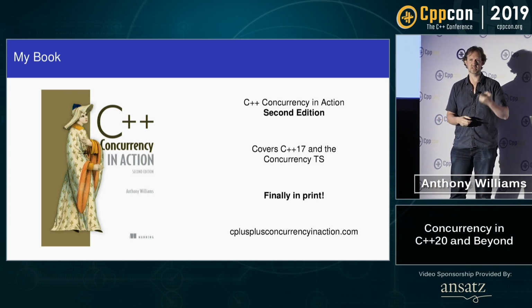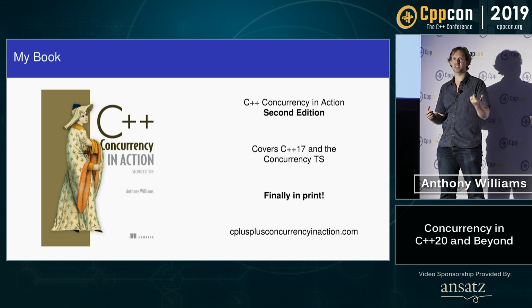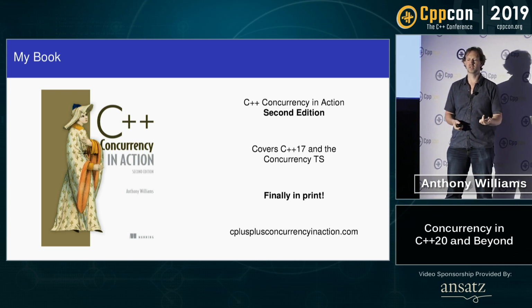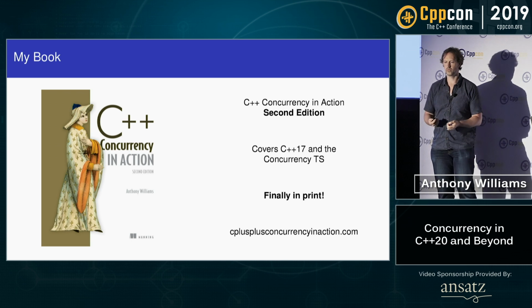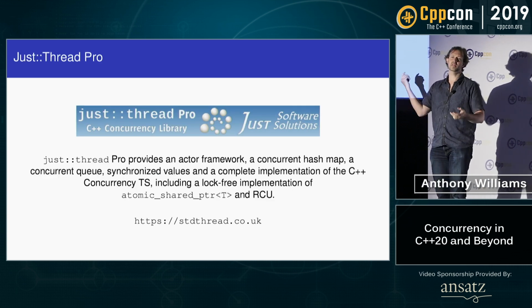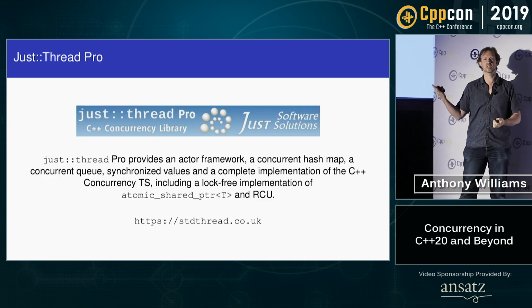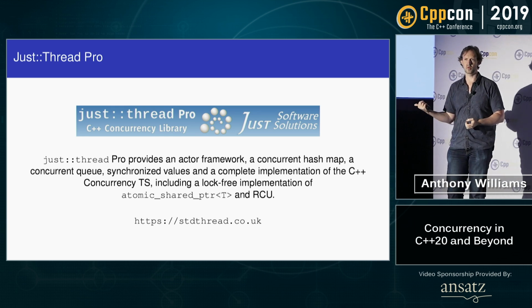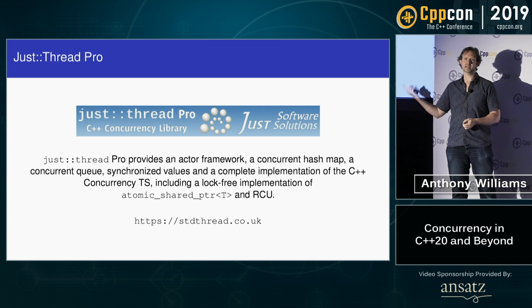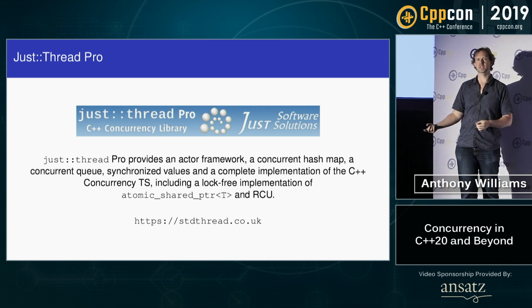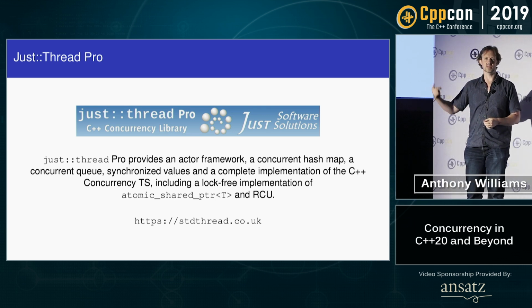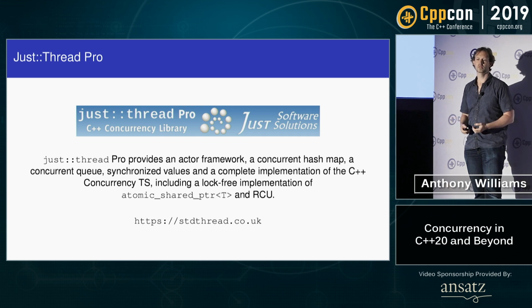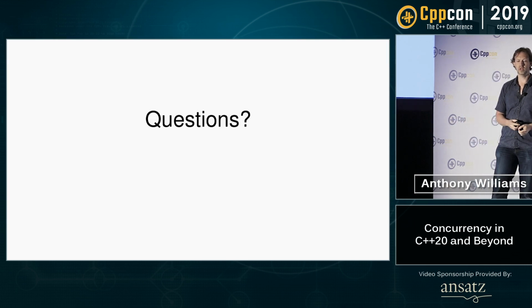Semaphores are not covered because they were added to C++20 again after I wrote the text. And some of this stuff is in my JustThread Pro library, including RCU and atomic shared pointer. And I will extend that to support the rest of C++20 synchronization and then some of the additional things from the proposals. Has anybody got any more questions?